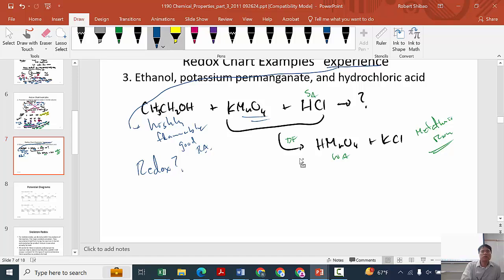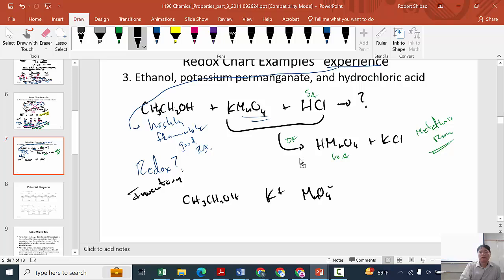And so what we're going to do is we're going to inventory first. And so the major species here are ethanol, potassium ions, permanganate ions, hydrogen ions, chloride ions, and water.